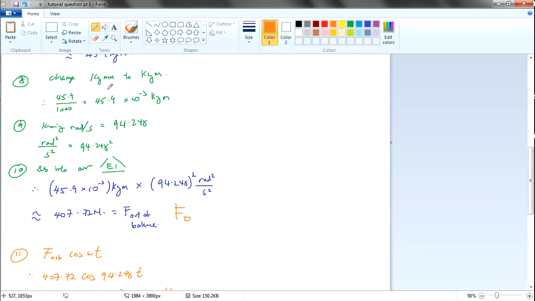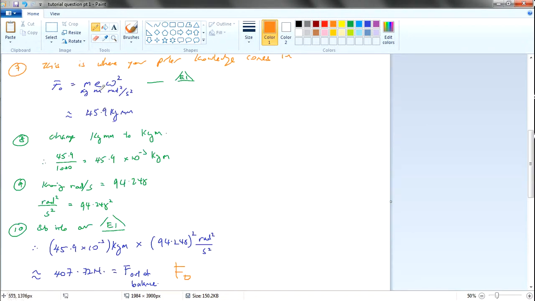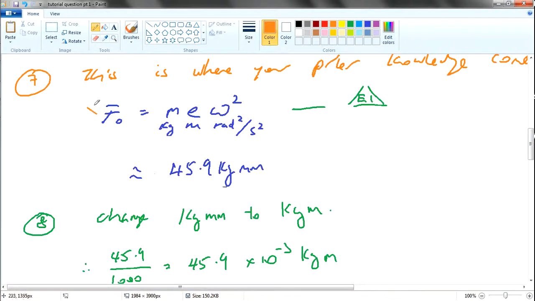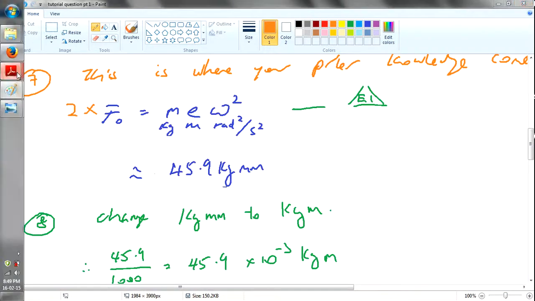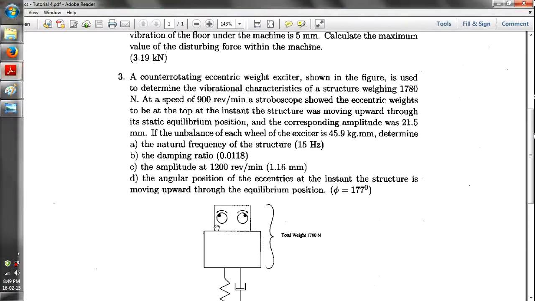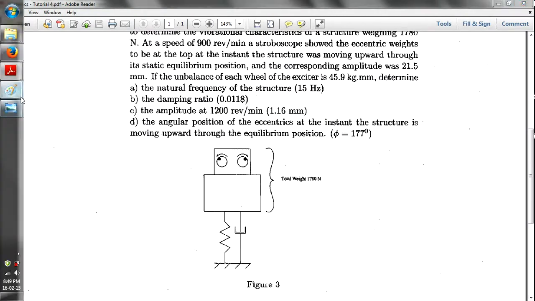So it's just m e omega squared. But because we have two of the eccentric masses, we have to multiply by 2.